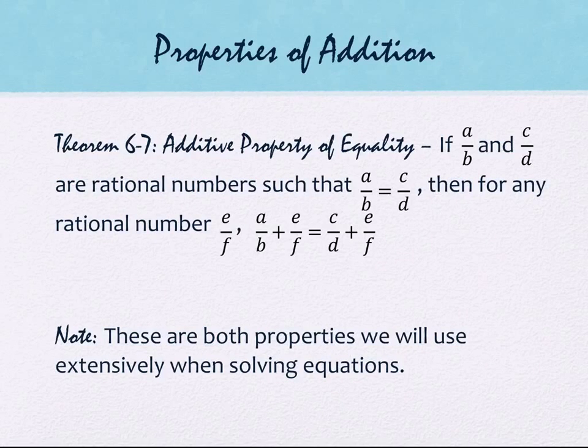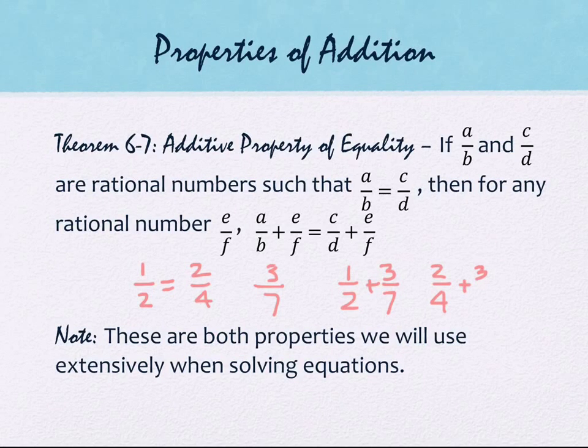I know that feels a little bit awkward and it looks like there's a lot of letters going on, but if you had 1/2 and 2/4, they're the same, right? And if you added the number 3 over 7 to each, then 1/2 plus 3/7 and 2/4 plus 3/7 would also be the same thing. That's all it's saying.